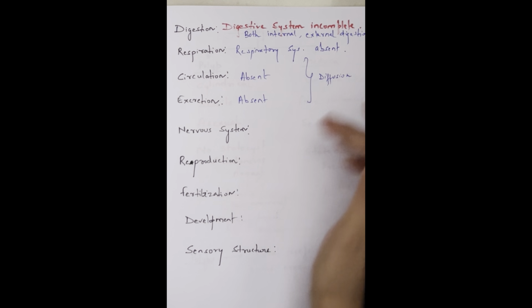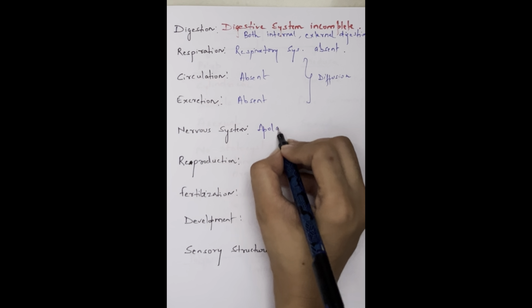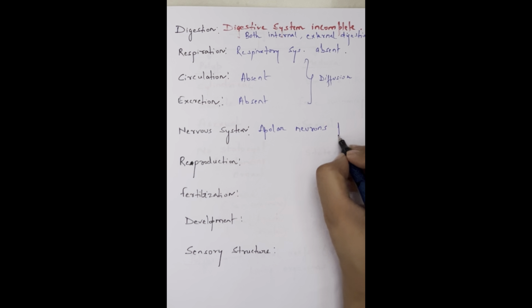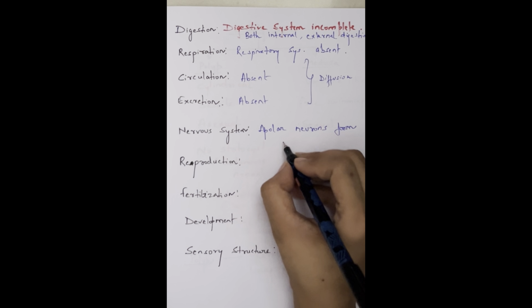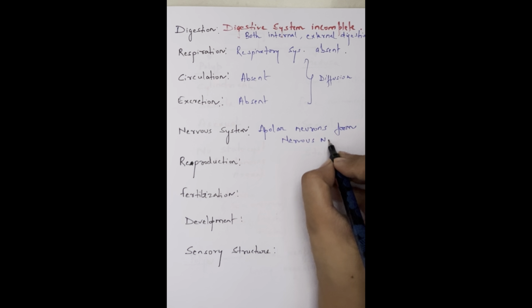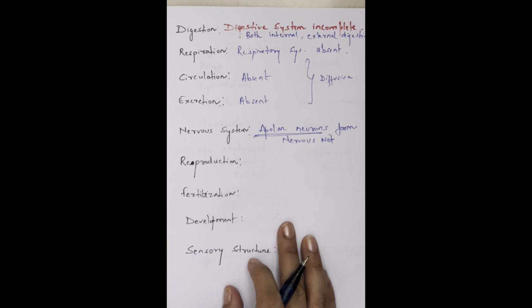But proper systems are not present in them. Now the nervous system. This is very important. For the very first time you will see a type of neuron known as apolar neurons in them. These neurons arrange themselves to form a nerve net. For the very first time you will find this type of arrangement of neurons in this phylum.